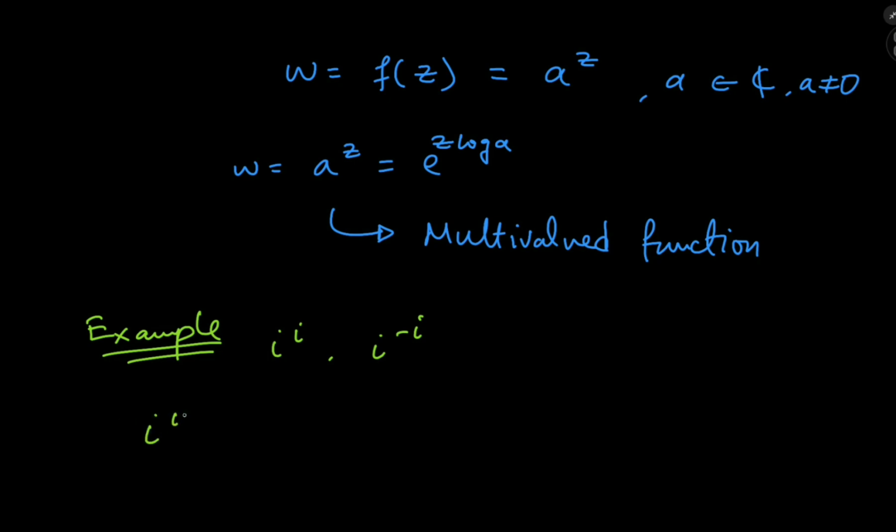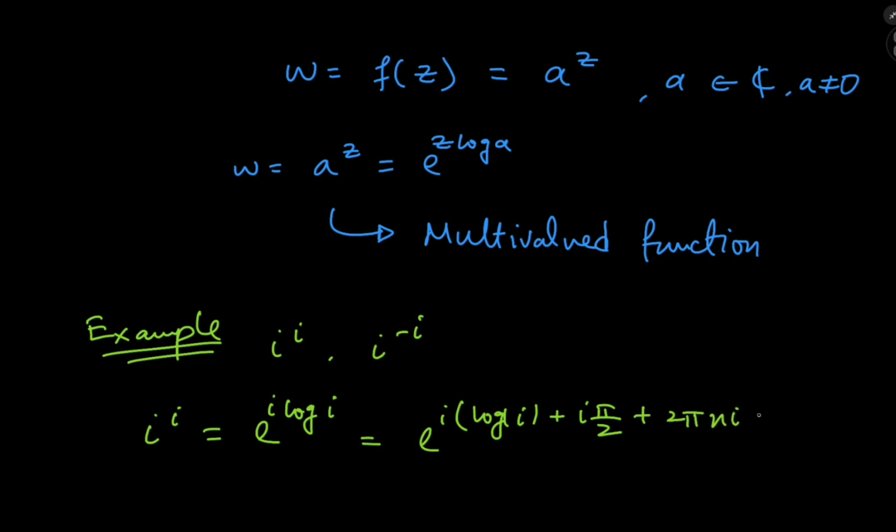Now, how is i to the i defined? Well, that would be e to the log of the base i times i. And log i means that I have the logarithm of the absolute value of i plus i times the principal argument, which for the number i is pi by 2, plus 2 pi n times i, where n is some integer.